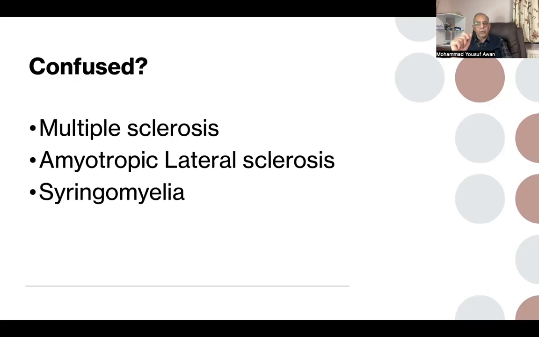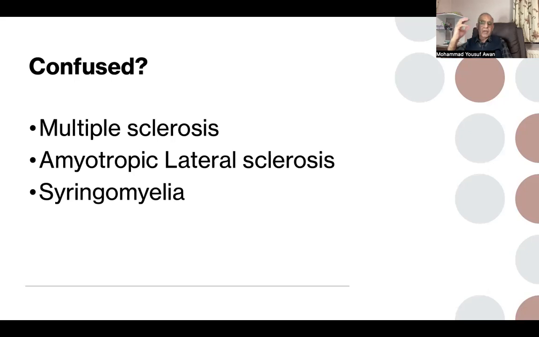So if you are confused, you have done a very good clinical examination but you are unable to localize the lesion on the clinical features alone, and you think there are confusing findings, think of three things: multiple sclerosis, amyotrophic lateral sclerosis, and syringomyelia.